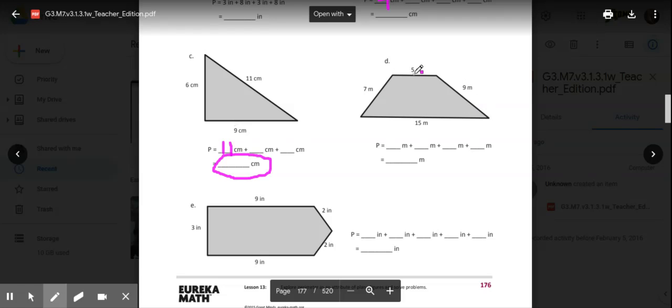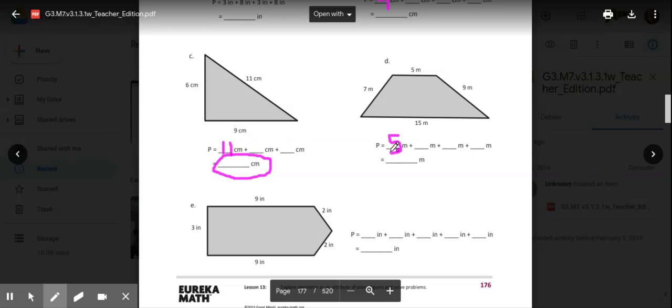Over here, we have 5 meters, 7 meters, 15 meters, and 9 meters. So they changed it up. It's not centimeters anymore. It is meters. So if we were drawing out this shape, it would be much bigger than the past 3 shapes we've worked with. So I'll just start from the top.